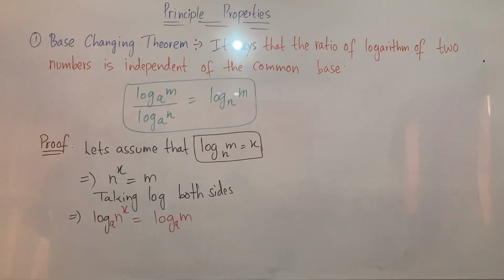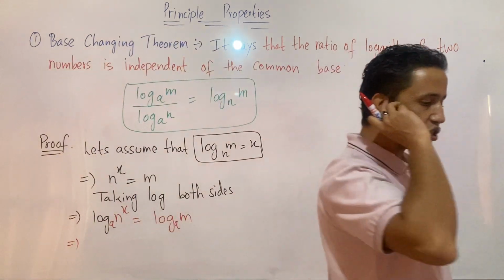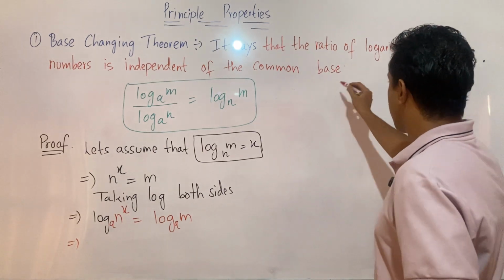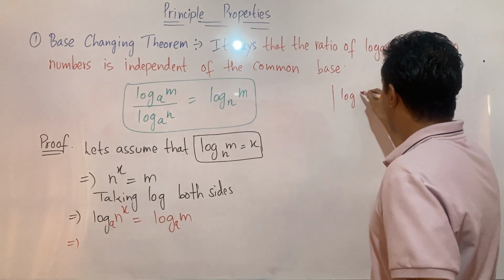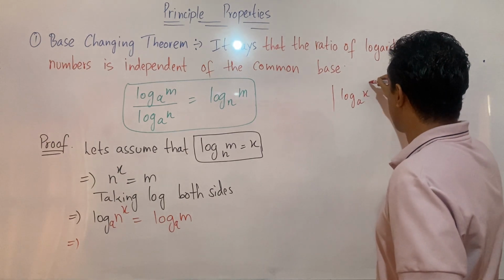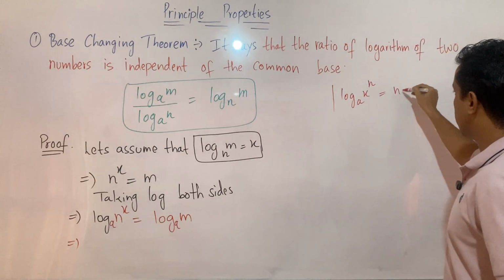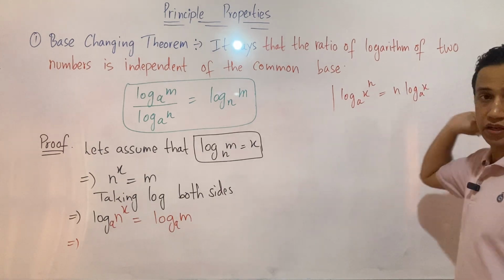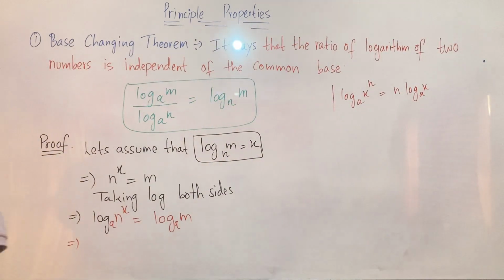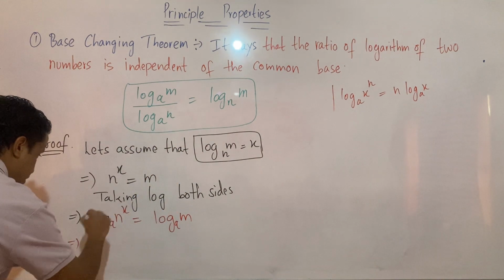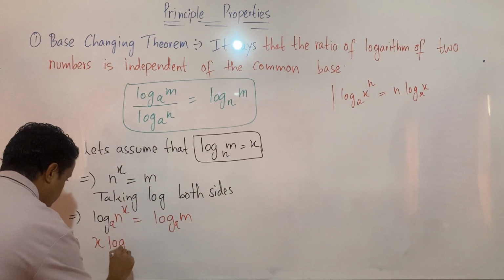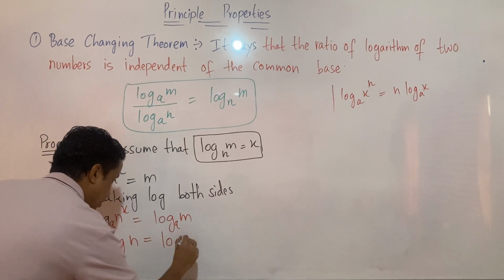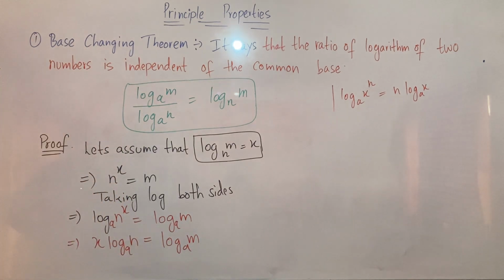Now on this side, log n raised to x, we did one property, which says that log of x raised to power n to the base a is equal to n times log x to the base a. We are going to use the same property here. It's going to be x log n equals log m.